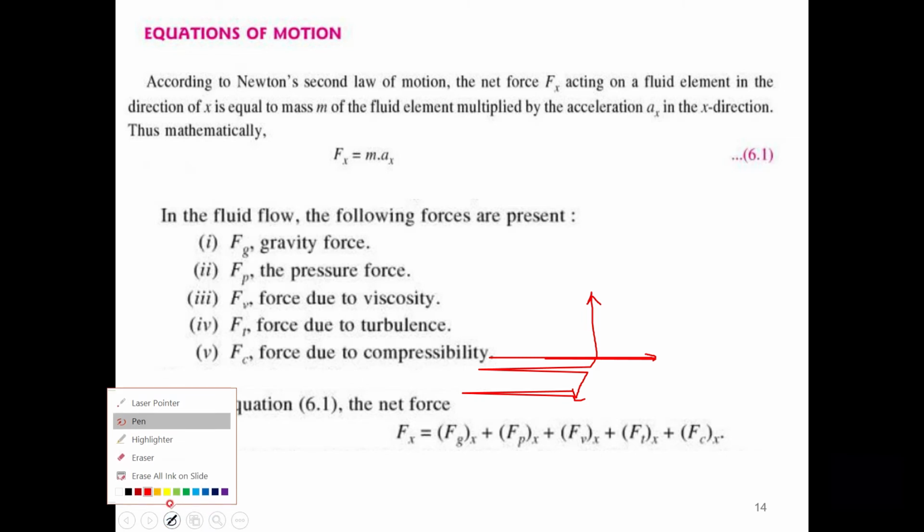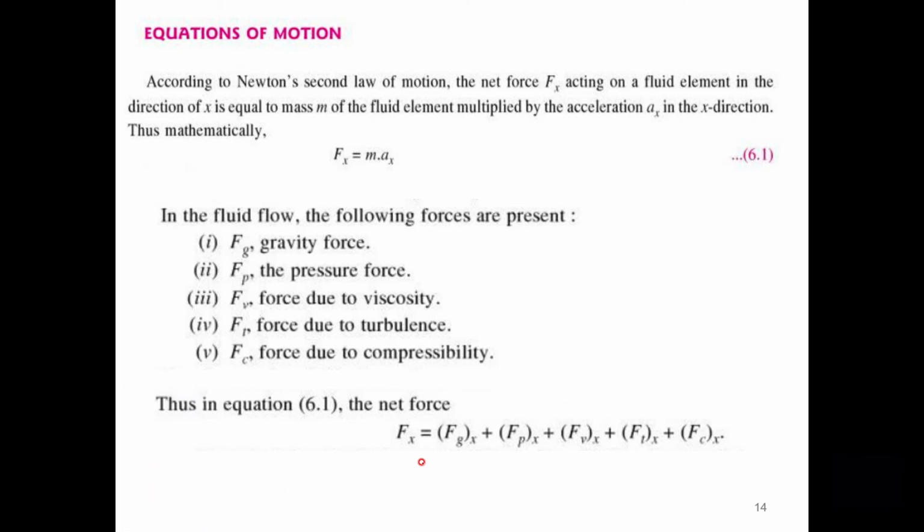Okay, so if it is acting in a z direction, we can write Fz equal to Fgz, Fpz, Fvz, Ftz and Fcz. Okay, so this is the net force that we get after applying the force on the fluid. So it means these all are responsible for the motion of the fluid. So this is the net force acting on the fluid motion.